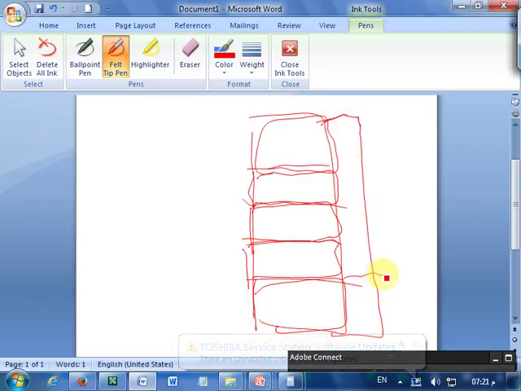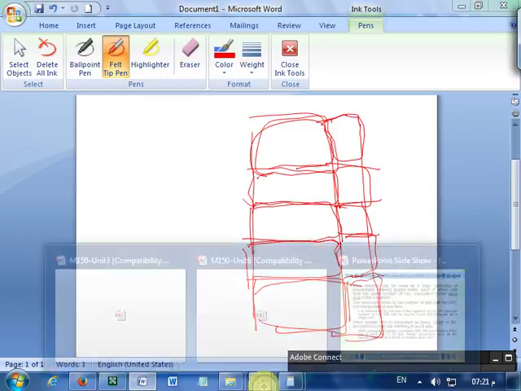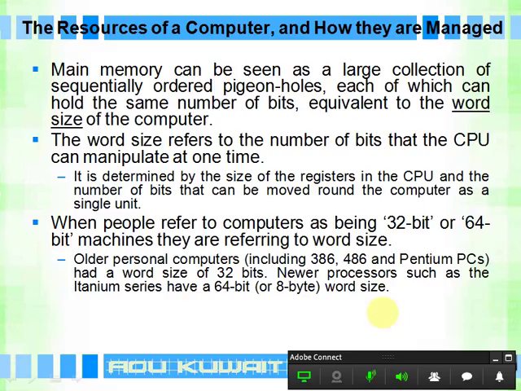This is one block, this is another block. Main memory is divided into small blocks. A main memory can be seen as a large collection of sequentially ordered pigeonholes.